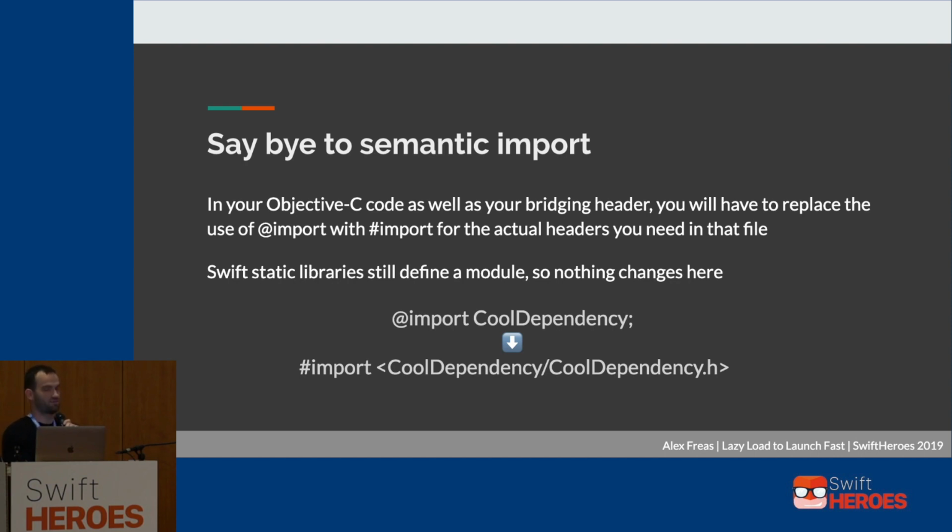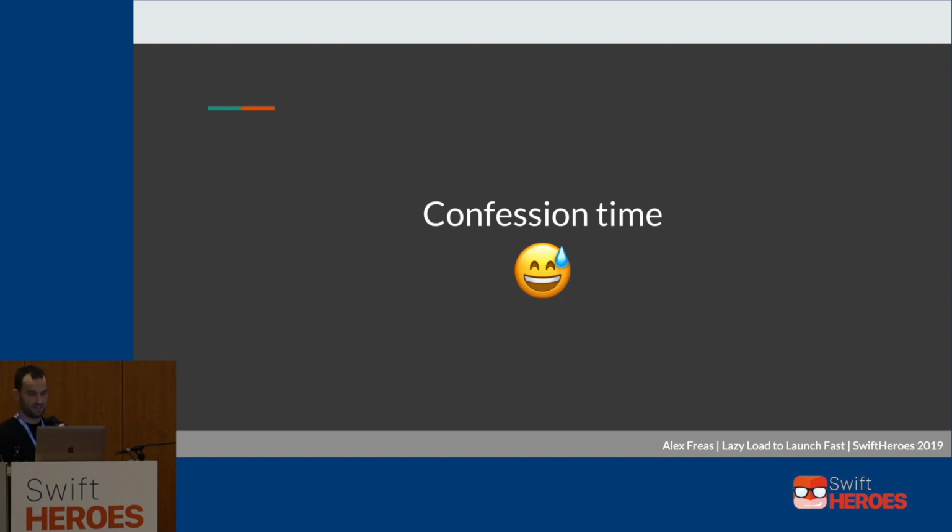It's actually not super hard. It didn't take more than a few hours to convert the entire app to use this. And also it's Objective-C code, so hopefully you're not writing extra Objective-C code, and you're not touching the stuff that exists already too much.